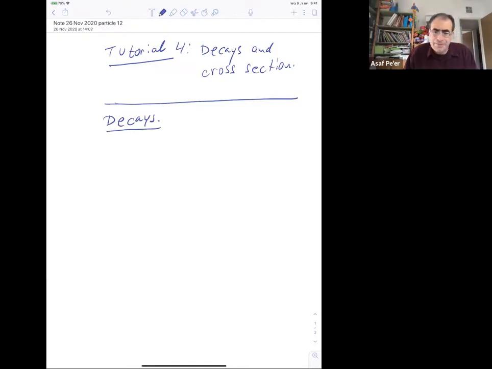So as we said, when we speak about free particles, the wave function of a free particle is psi of x^mu, proportional to e to the minus i p_mu x^mu.